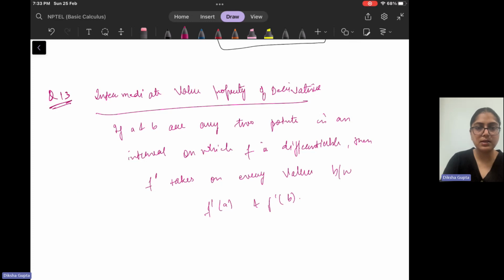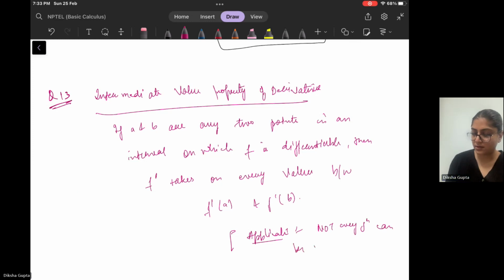This is basically used to tell you that not every function can be a derivative of some function, that is, it is not necessary that every function is a derivative of some function.